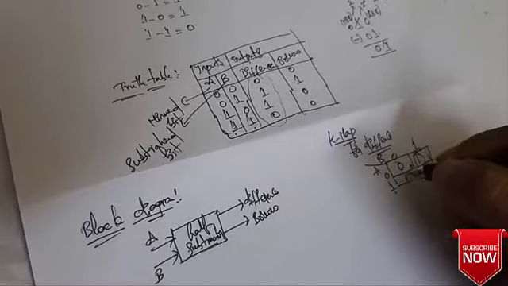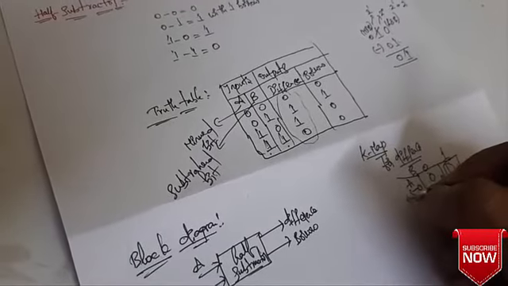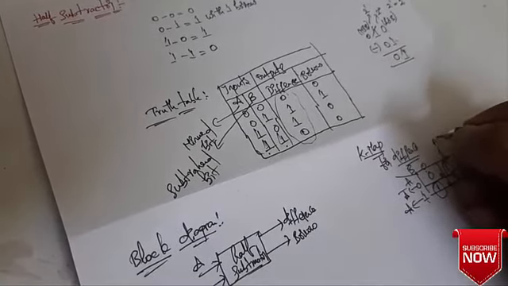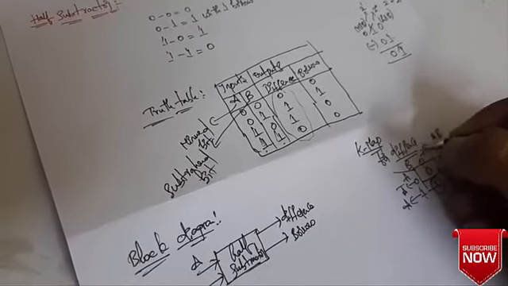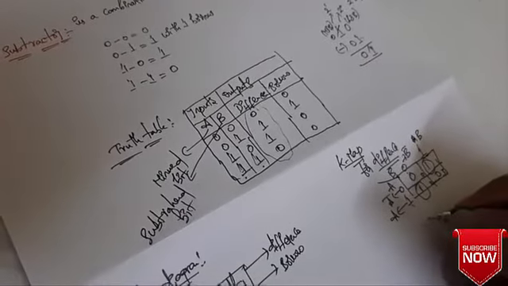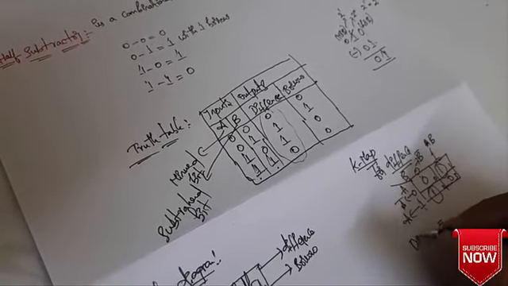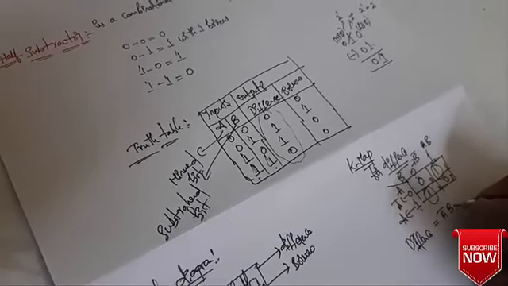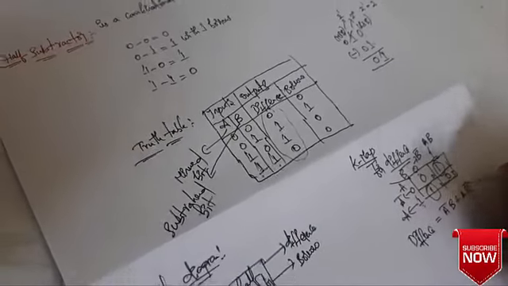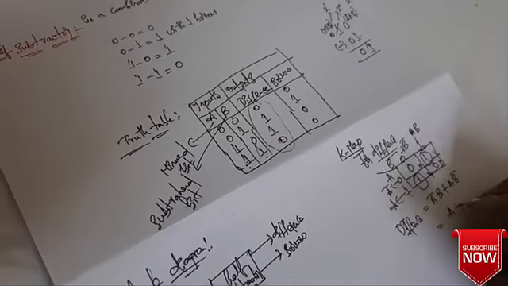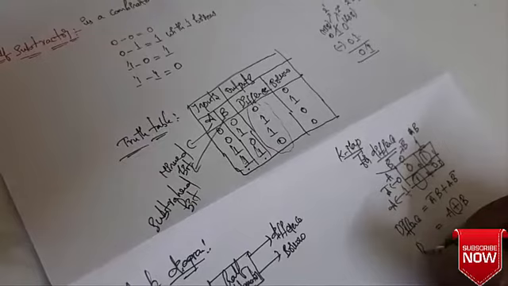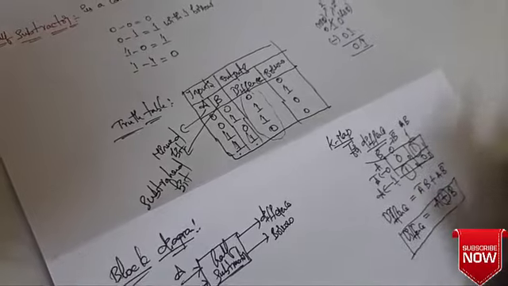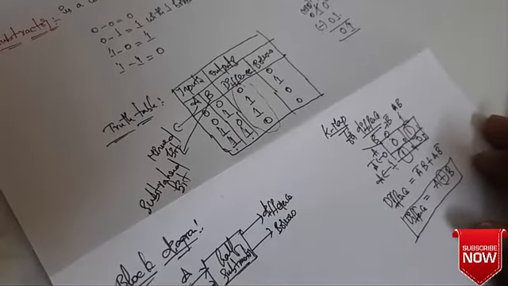This will be the grouping, and this will be A bar, this will be A. Here this will be B, this will be B bar. Here the difference will become A bar B plus A B bar. Hence you will get the output as A XOR B. This will be the expression from the K-map for the difference.